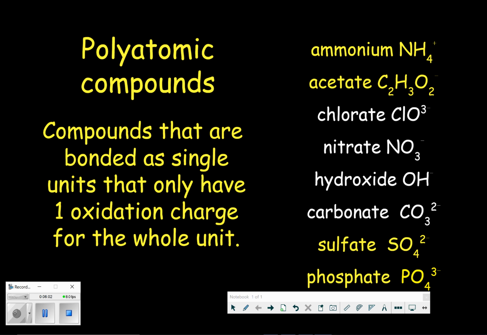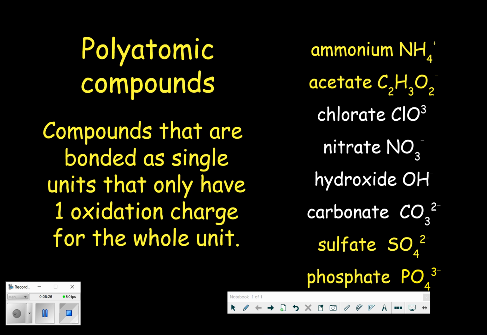Okay, polyatomic compounds are compounds that are bonded as a single unit and have only 1 oxidation charge for the whole unit. So ammonium, which is NH4. NH4 has a +1 charge. Remember, we don't write ones unless it's at 10 or 100 or 1,000 or 101, something like that.